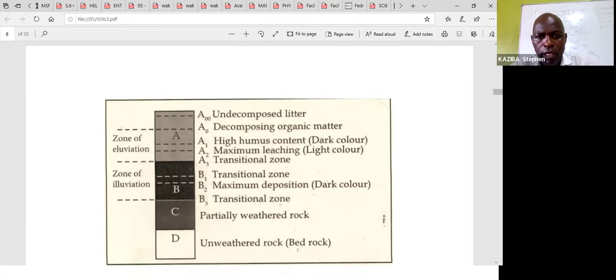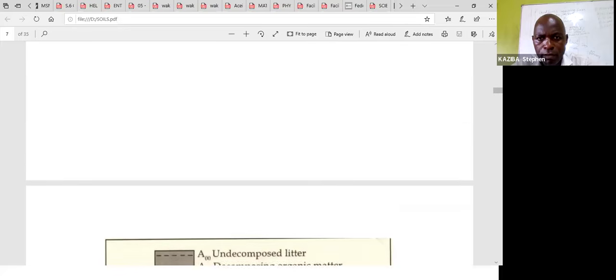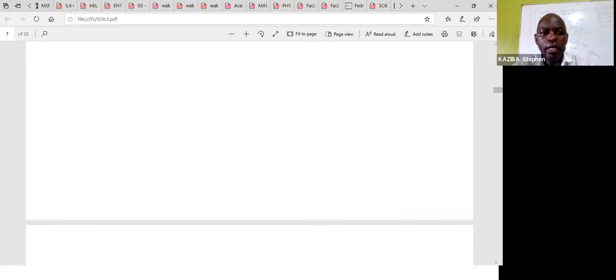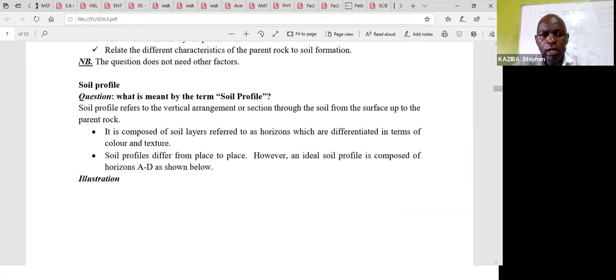So if you're defining, that information is very important. That's how we define soil profile. Those of you who can access my book, I have a book, this is part of it. So it is composed of soil layers. You define like that.